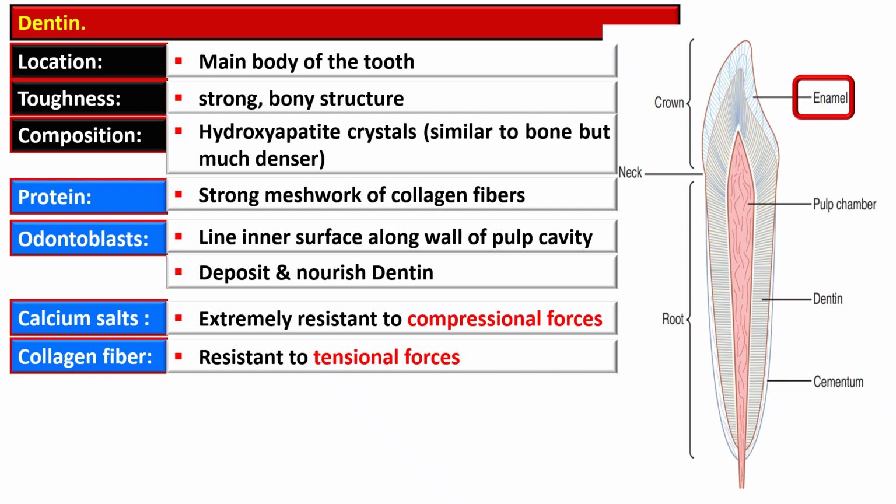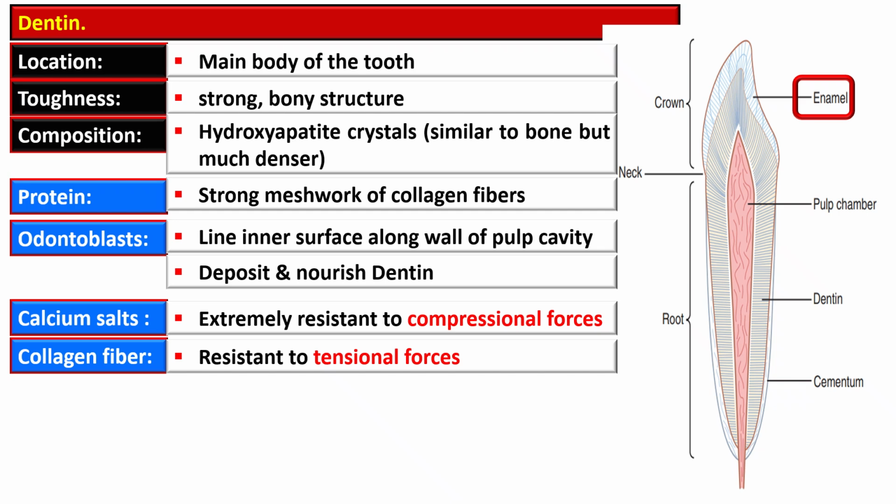Instead, it is deposited and maintained by odontoblasts, a layer of specialized cells lining the pulp cavity. These cells send processes into microscopic dentinal tubules to nourish and repair dentin.